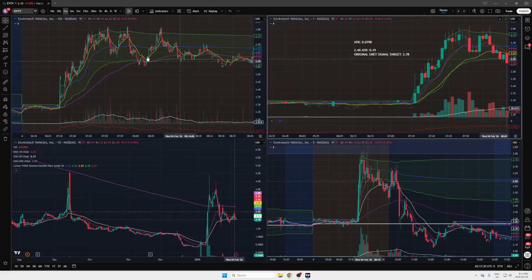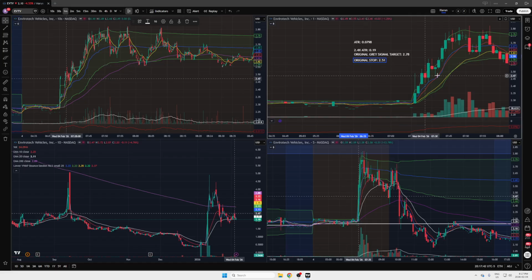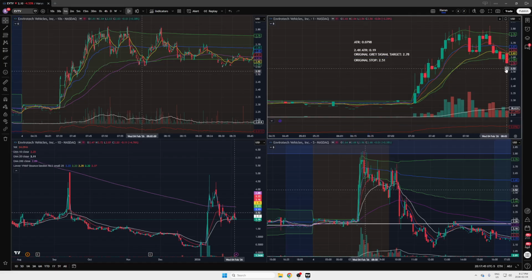The original stop is 2.51. Okay, so as you can see, it did not hit 2.51, so the setup is still valid and you still wait for an entry.